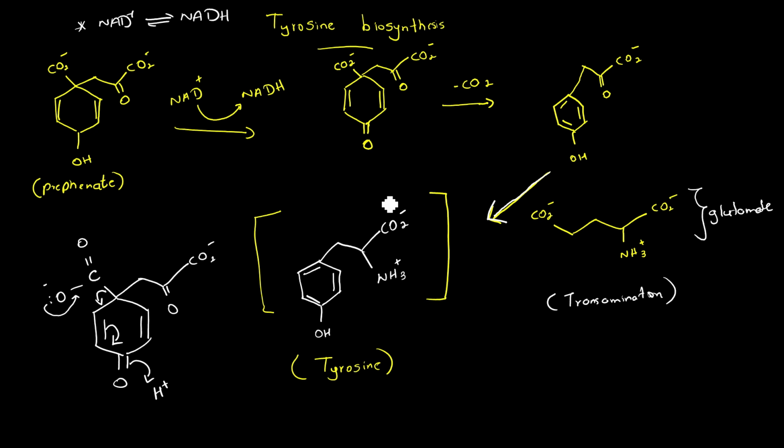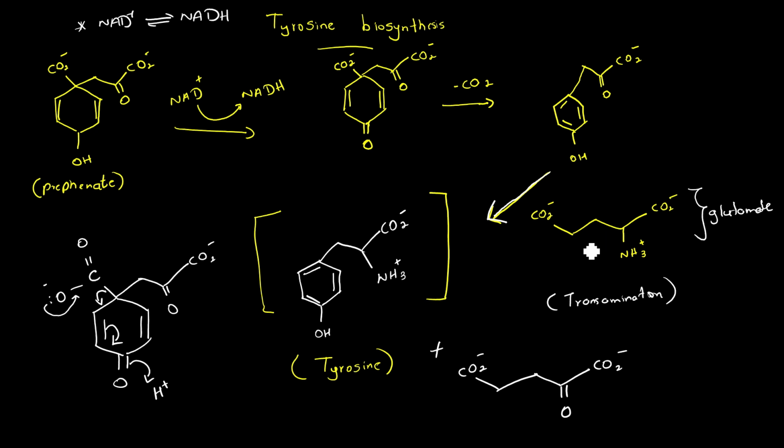You get this tyrosine molecule, and the other product is glutamate, but not with the amine group. Instead, it contains a carbonyl group. This transamination is basically the exchange of this oxygen and NH3 plus. If you go with the neutral compound it would be NH2, but I am using anions, that's why I have put NH3 plus. So this is a very quick and very small biosynthesis pathway, easy to remember.